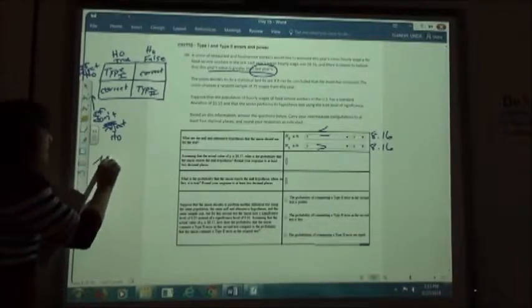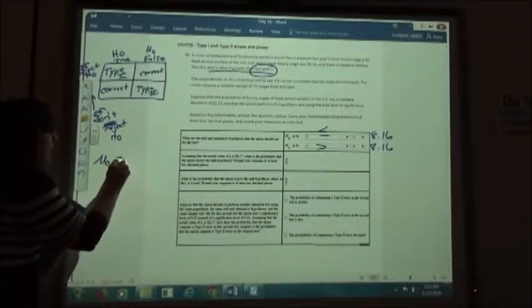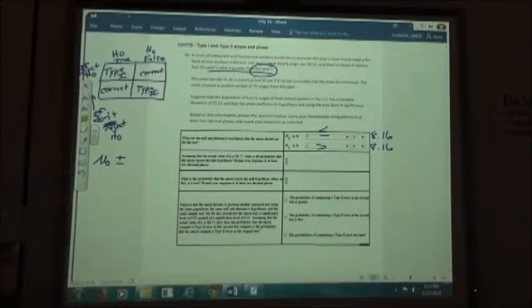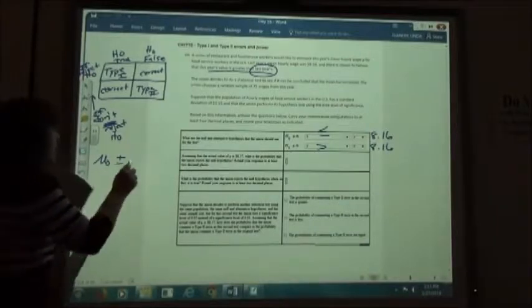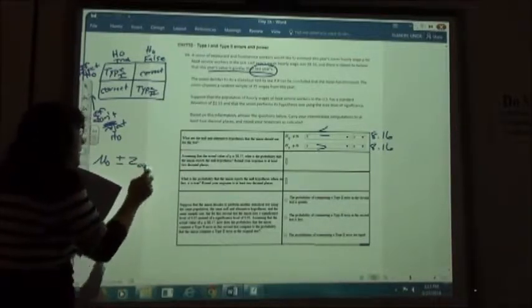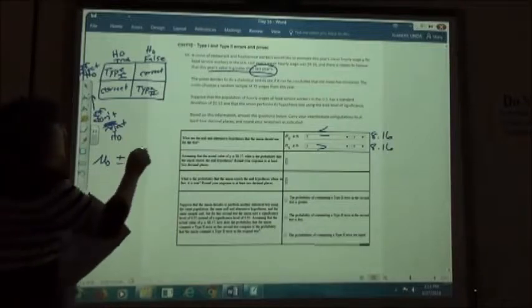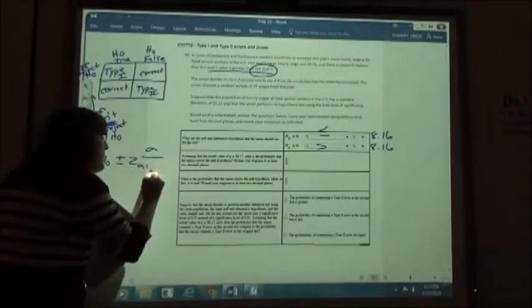I'm going to take my mean value, and here we had plus or minus, but sometimes we use the plus and sometimes we use the minus, depending on if it's a left-tailed or a right-tailed. Z sub something, and then we had our standard deviation over the square root of n. Sort of remember seeing that formula last week?